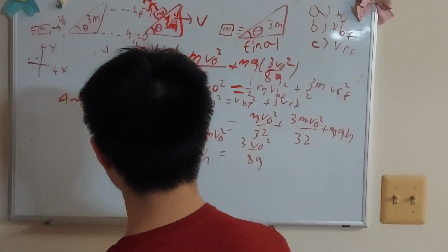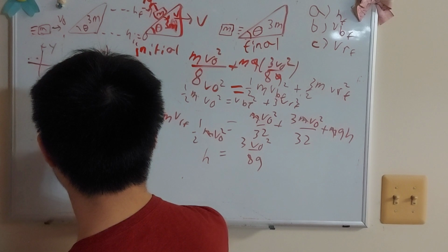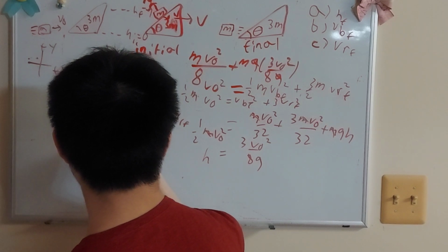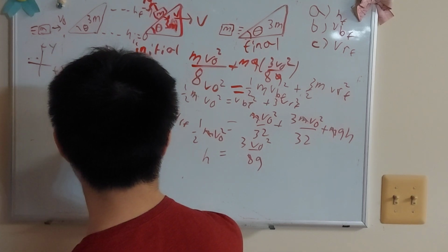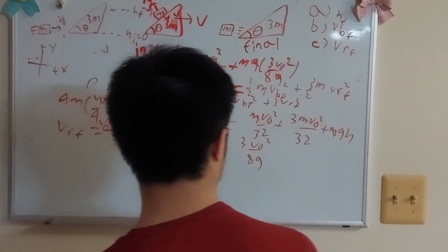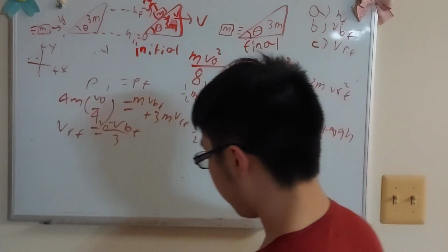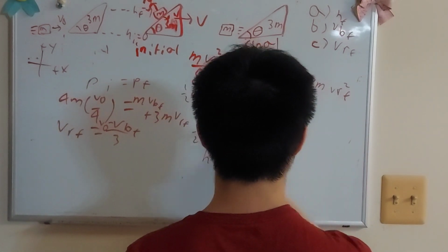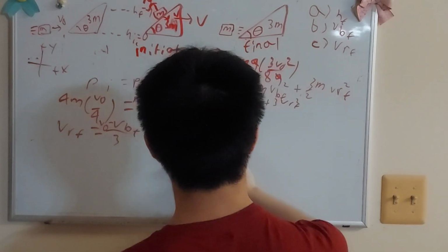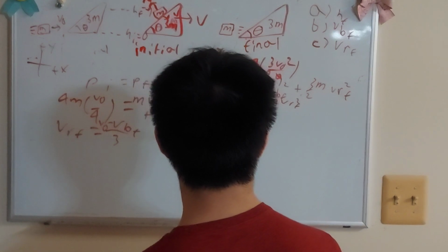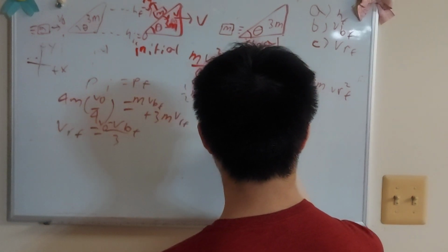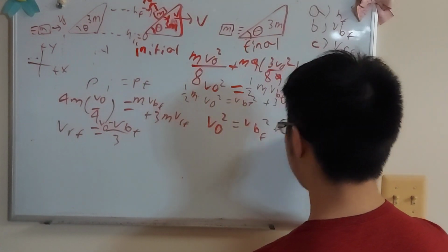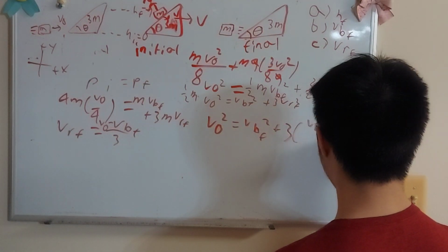And we end up getting vrf is equal to v naught minus vbf over 3. Now that we solved for that, we can plug vrf back in, and we get v naught squared is equal to vbf squared plus 3 times that entire thing.